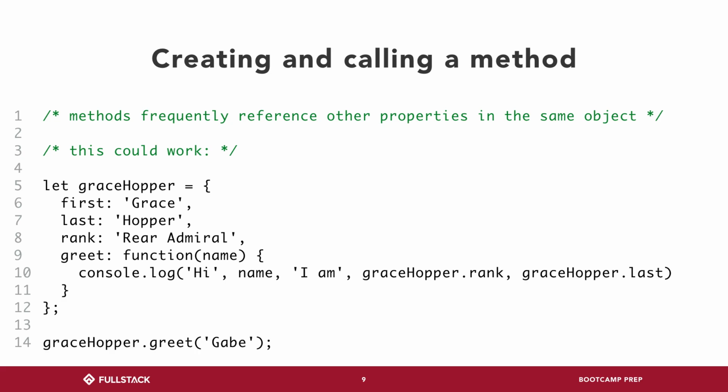So, better idea, we can make it dynamic by referencing the variable of this object, right? Someone else in this class suggested this approach also. This will work, but how could we break it? If we remove the rank.